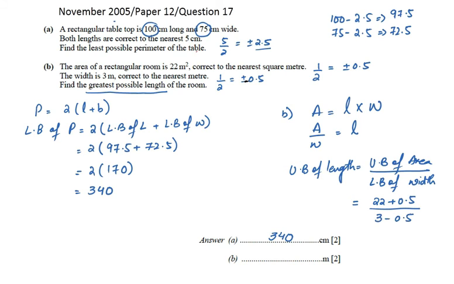So it will be 22.5 divided by 2.5. When we divide this, the final answer is 9. So it means the upper bound of the length of the rectangle is 9 meter. As both values are given in meter, the unit of length is also meter.